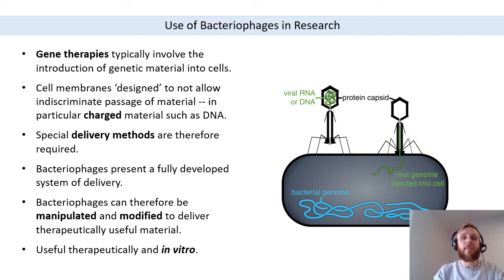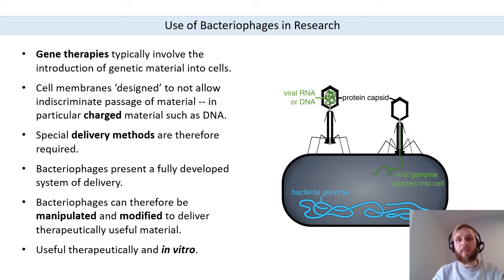And again, this is really useful, because what we see experimentally is a lot of the time, even if we do manage to introduce genetic material into a cell, and we can do it, it's just a little bit complicated. You need some various reagents to compromise the cell membrane, but even if you do this, a lot of the time the genetic material is essentially pushed back out of the cell. It's almost spat back out because it doesn't belong there.